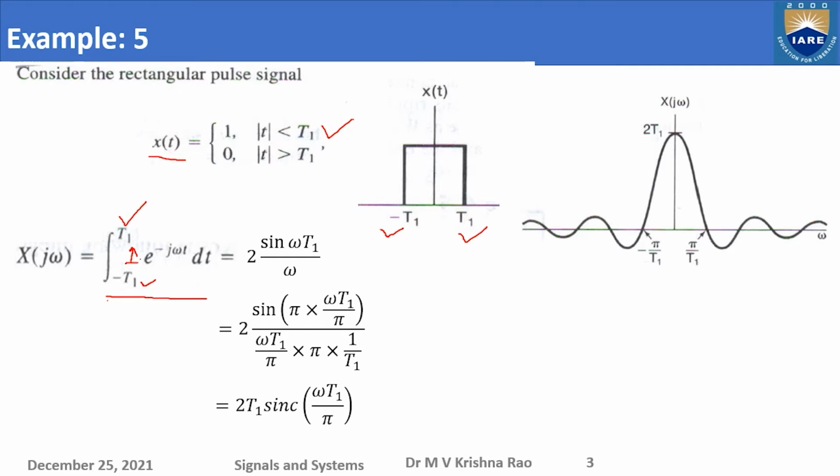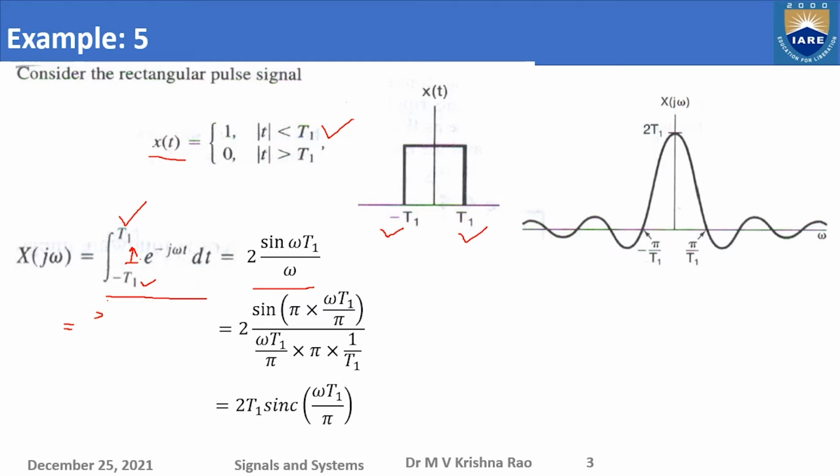This is normal integration and substitution of the limits, definite integrals. If you substitute, you will get 2 times sine omega t1 by omega. This is what exactly you are going to get. Anyway, let us solve this to some extent.